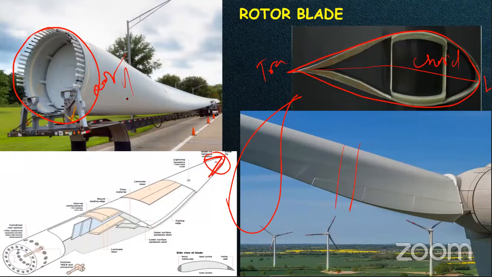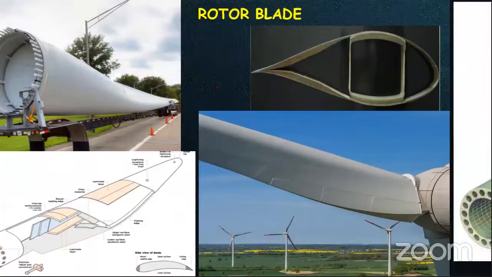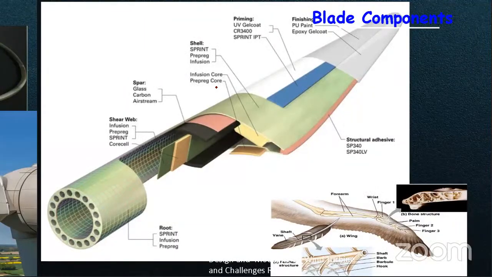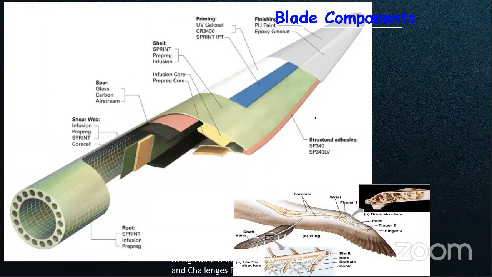The modern blades have a circular root section, and gradually the thickness of the aerofoil changes. There is a high thickness here, and slowly the aerofoil section of the blade reduces. Now you can compare these blade components. How is it flying? Is it from a natural phenomenon? Yes, it is from a natural phenomenon also.